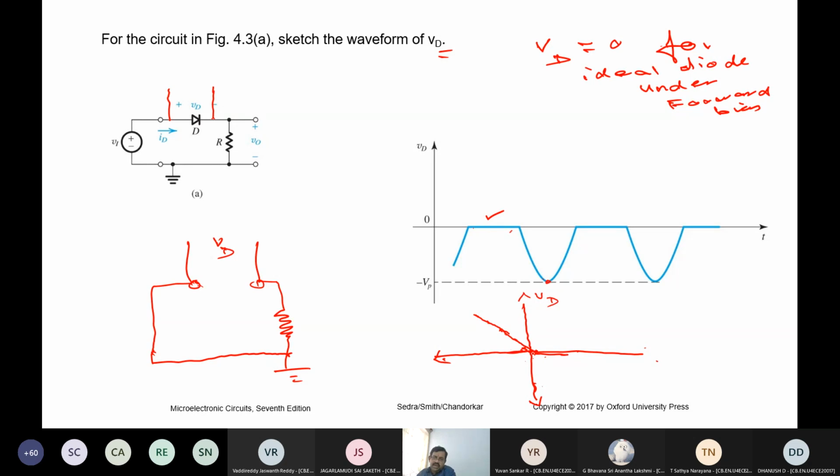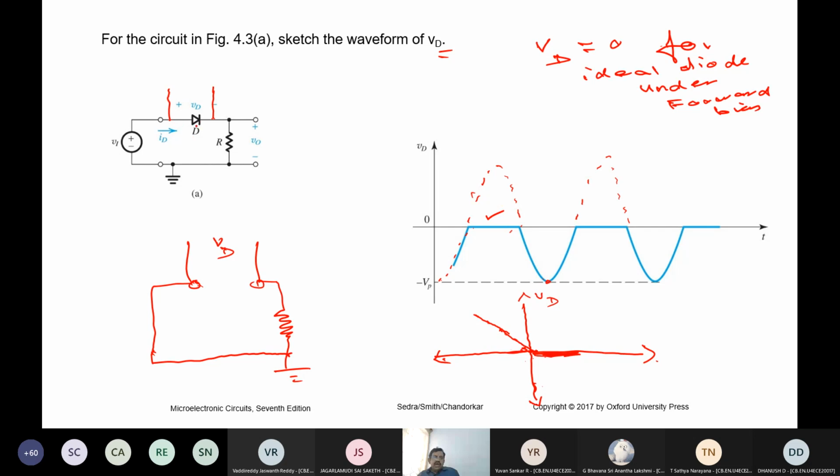And here it will be this for all positive voltages, the positive cycle, because if I were to draw the input trace, the input trace will be like this. This is my input trace. Because the diode conducts under forward bias, all of the voltage will appear across the resistor.